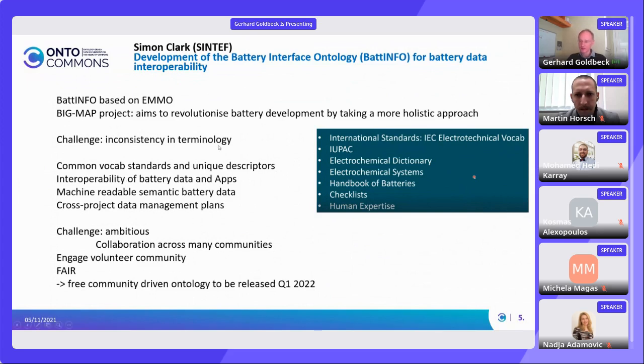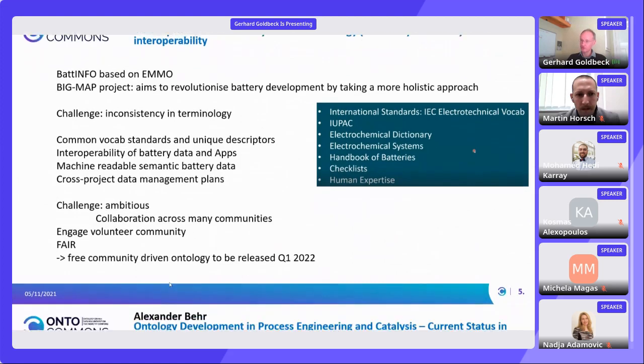So this community collaboration challenge comes up again and again. And of course FAIR, and then they're publishing a community-driven ontology in this field very soon on GitHub.